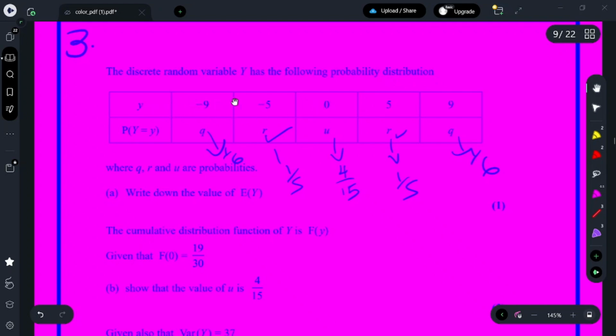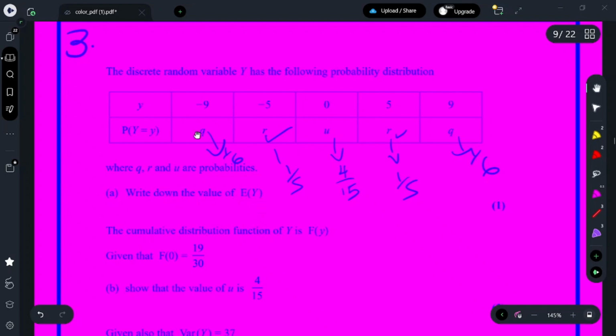Y values are -9, -5, 0, 5, and 9. The probabilities that y takes these values are q, r, u, r, and q, where q, r, u are probabilities. We want to write down the value of the expectation of y.